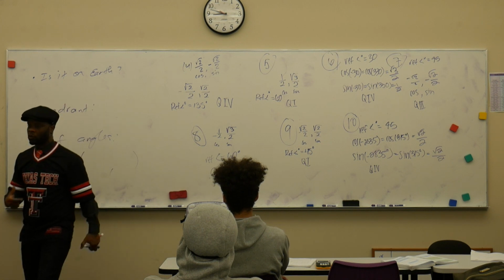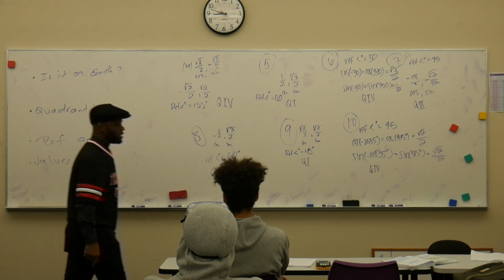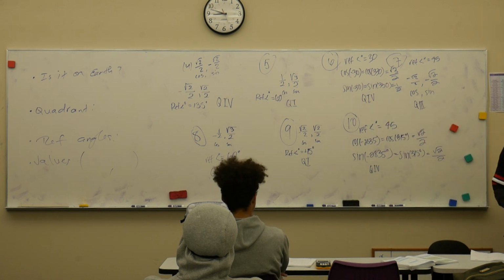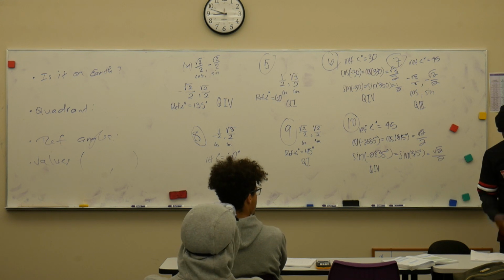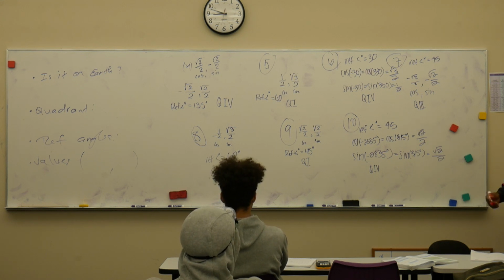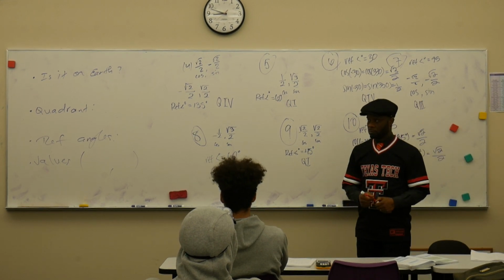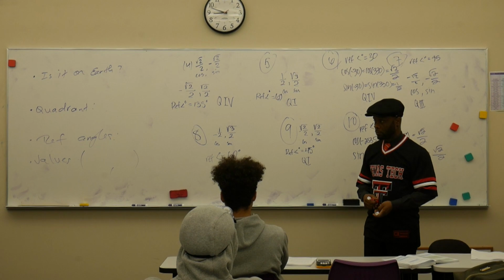So if I've got 2,115 degrees, how many 360s can I take out of there? 6. Take out 6? Yes. And how much are they going to do? 2,160. Yeah, take out 6 rotations. You can't. Oh. 5.